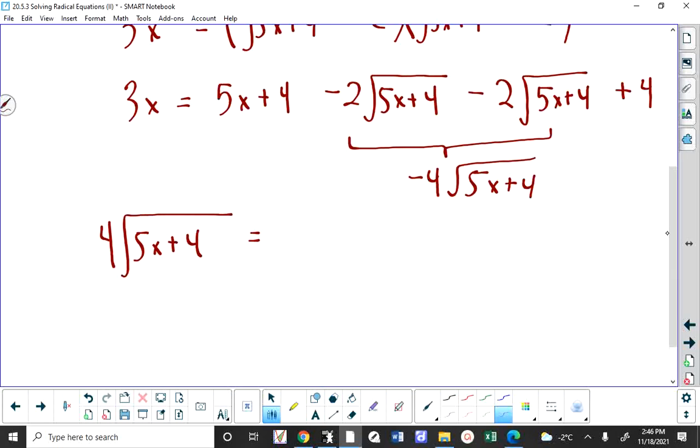Everything else gets collected and organized on the other side. So I have 5x minus 3x, which is 2x, and then I have plus 4. Thank you. I was just double checking that. I have a 4 in two places, so that's plus 8. Good catch.